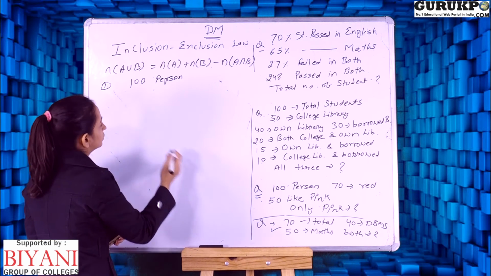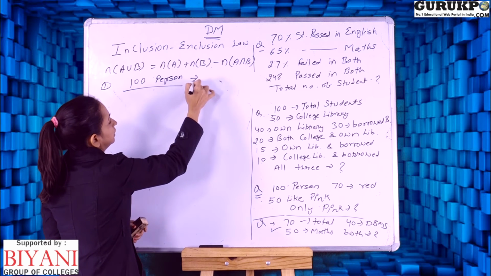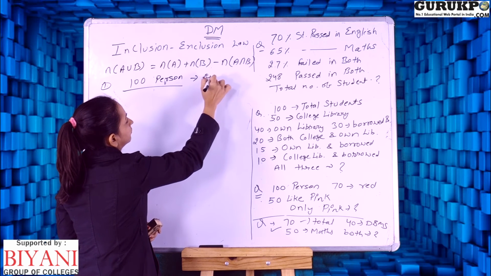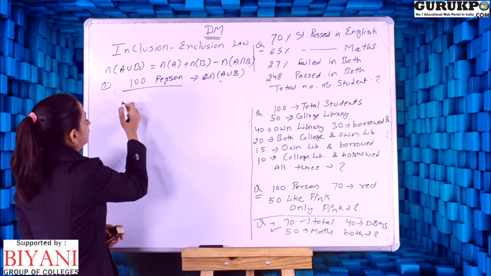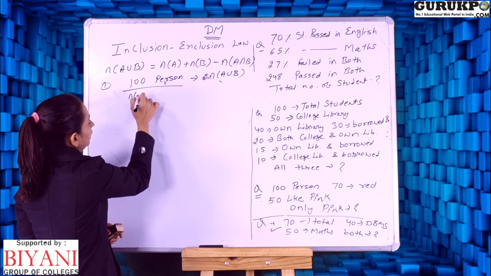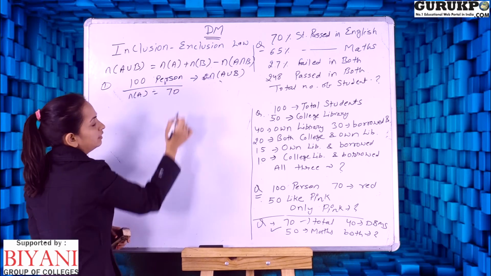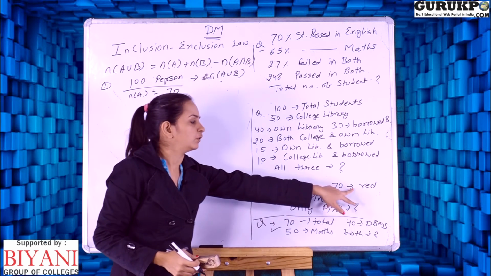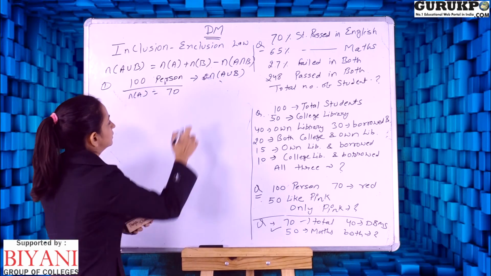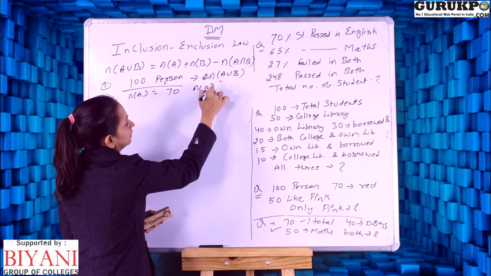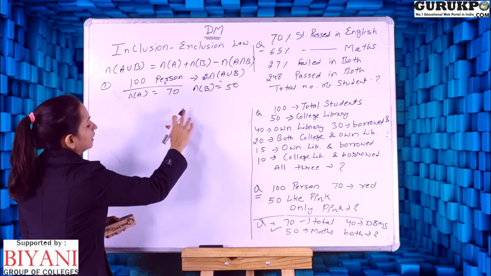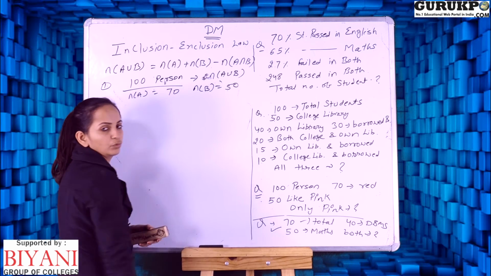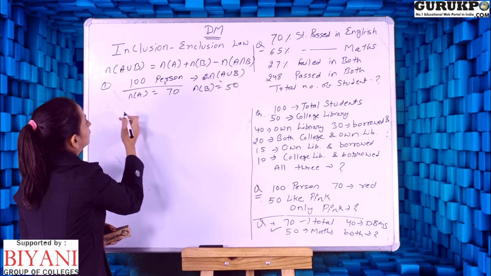To solve this question, we have 100, that is n of A union B, the total elements in the set, which will be equal to n of A. N of A is 70, the first set who like the red color. The second set, n of B, is 50, who like pink color, and I don't know how to find this only pink color, so let us start with the formula.